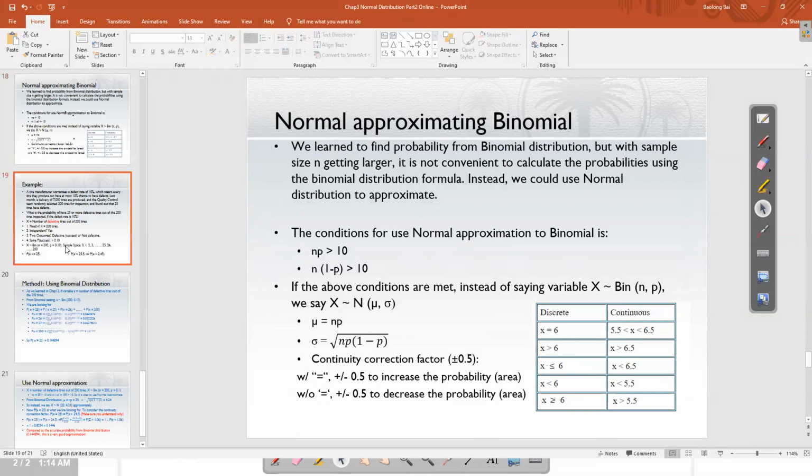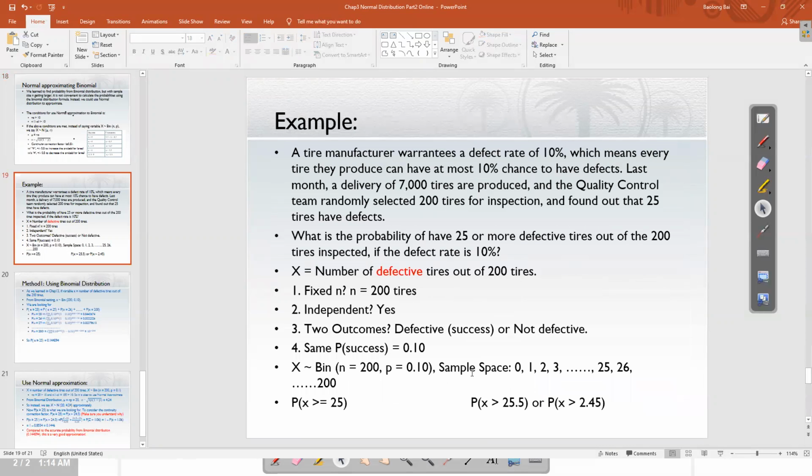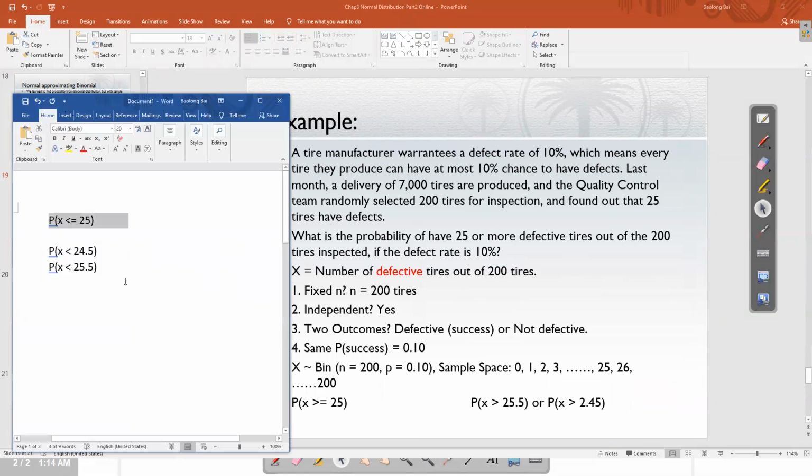Now we're ready to do the approximation. Okay, so let's work on this now. So we know x is actually a binomial variable with n equal to 200 and p equal to 0.10.